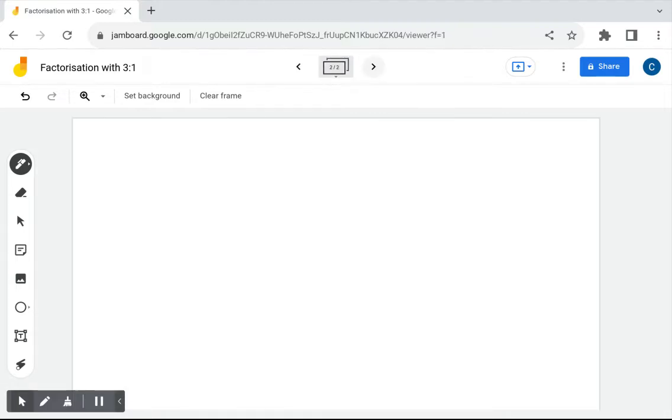So, example 1. If we are given the expression 2x plus 8, we want to factor out a factor that is common in the two terms. So we could rewrite 2x as 2 multiplied by x, and we could rewrite 8 as 2 multiplied by 4. And we'll see that 2 could be factored out because 2 is common in the two terms.